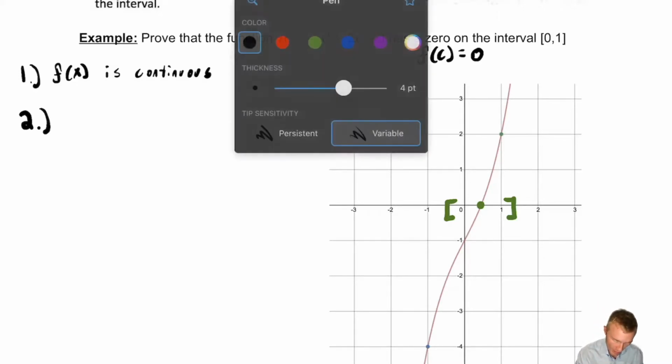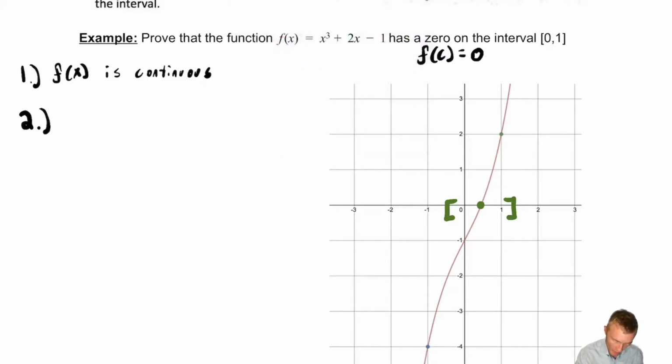So I'm actually going to write out, let's see what f of 0 is. F of 0 equals, and I'm just going to plug in 0 cubed plus 2 times 0 minus 1. Do all that out, you get negative 1. And just for a sanity check here, f of 0 is in fact negative 1.